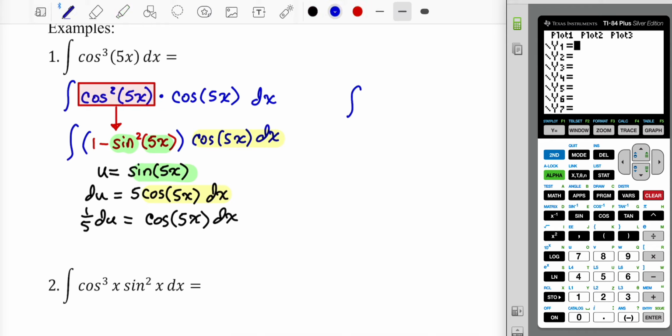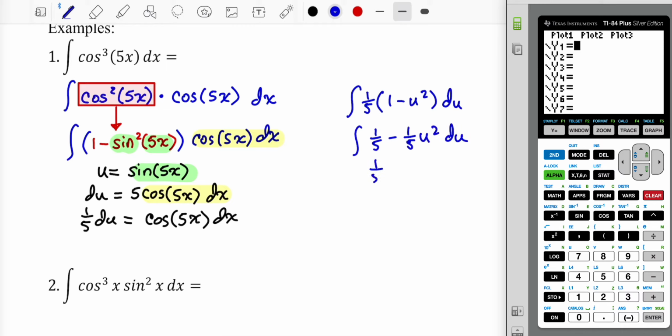So we're looking at 1 minus u squared, and then I have the 1/5 du replacing everything else. So I'm going to write this as 1/5 minus 1/5 u squared du.